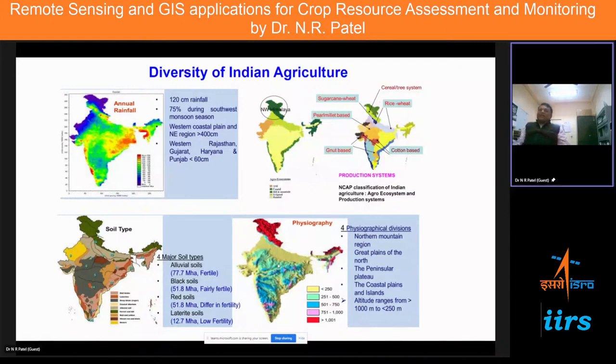So all this large heterogeneity with respect to soil types and so on limits the possibility of use of remote sensing data, even though we have many cropping systems in practice.